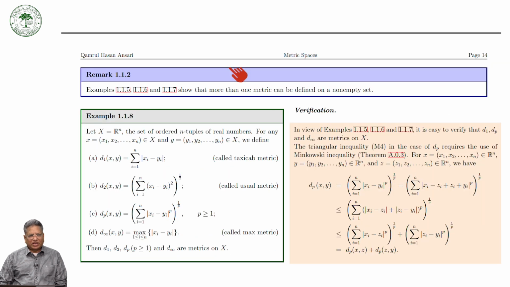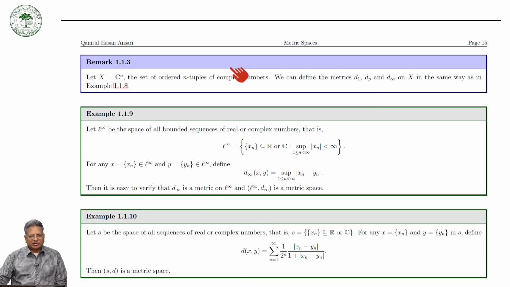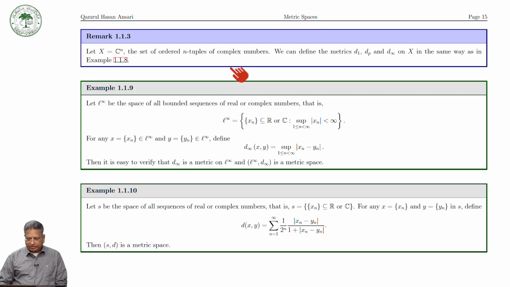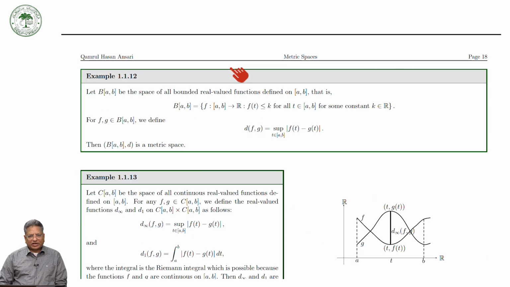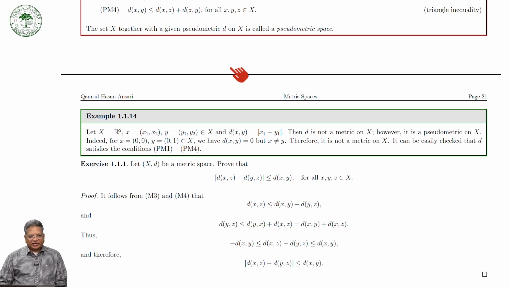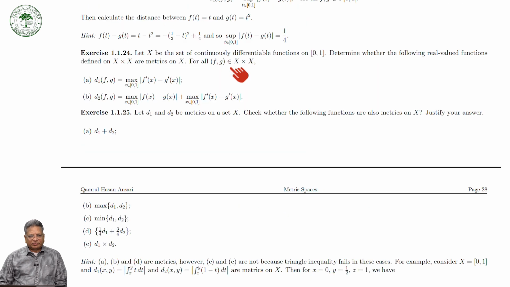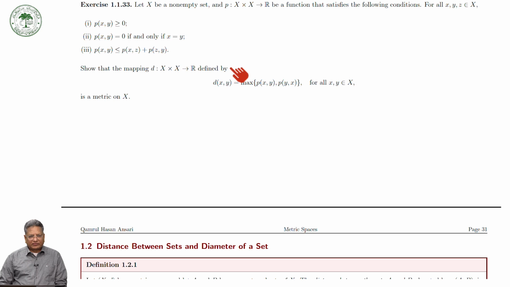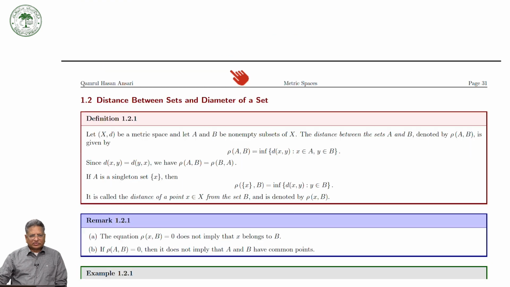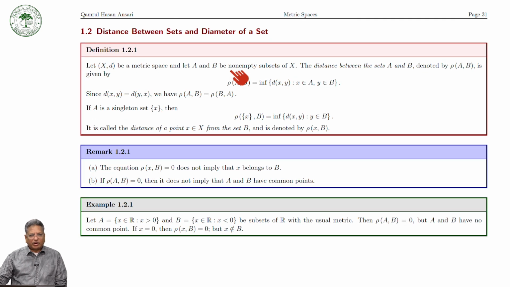Here we have several examples we discussed, and several exercises we have seen, and then we have discussed the distance from a point to a set and the diameter of a set.